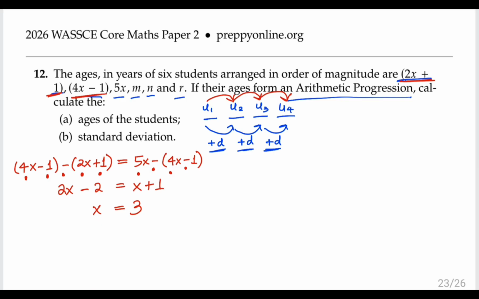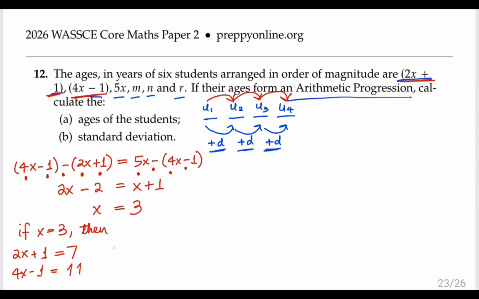All right, so if x is equal to 3, what does that mean? If x equals 3, then what is 2x plus 1? 2x plus 1 is equal to 7. What about 4x minus 1? 4x minus 1 is 11.